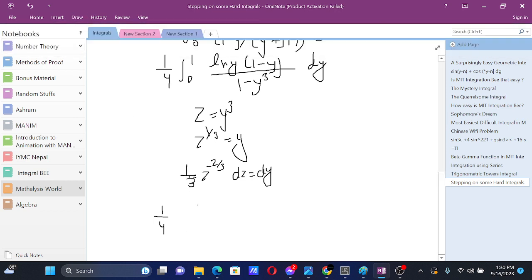Now it's 1 by 4 out, and then the integral from 0 to 1, again the limits stay the same, and this will be ln of z to the power 1 by 3.